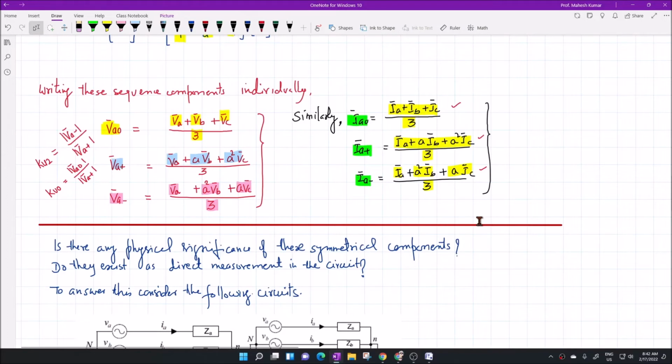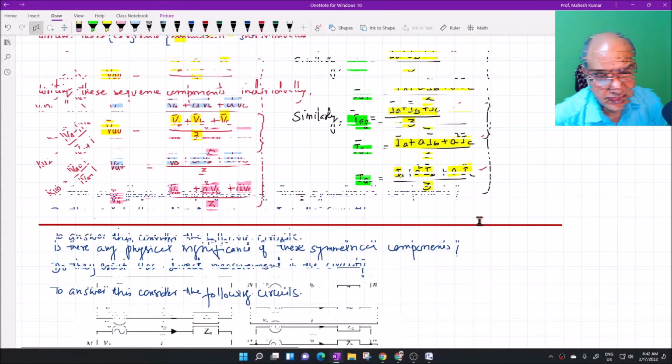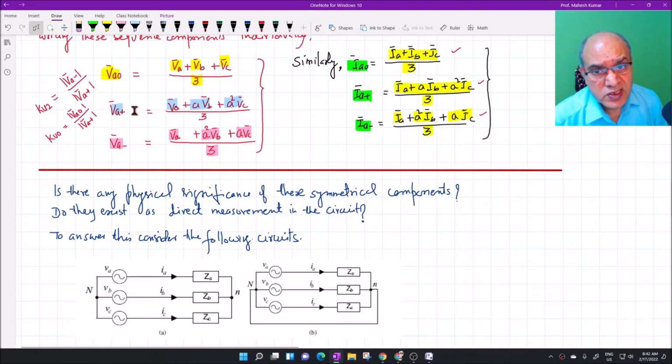The first thing is that these sequence components are very much useful to define, understand and analyze the nature of the power system, its behavior under different conditions. The positive sequence component indicates the useful quantity in the power system.